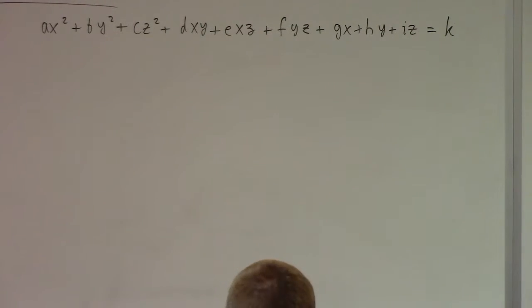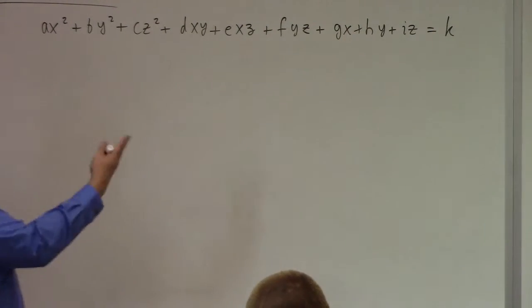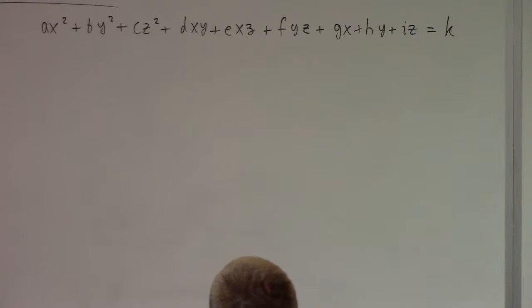So if you have a solution set of that form, it's a quadratic surface. And it turns out there's a lot of possibilities in such an equation. I mean, a, b, c, d, e, f, g, h, i, and k are constants, all right?